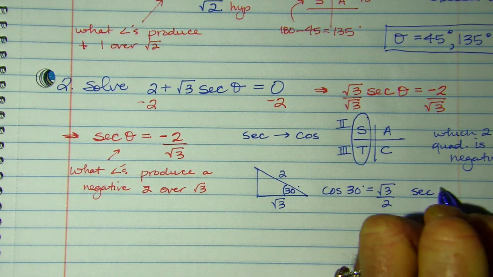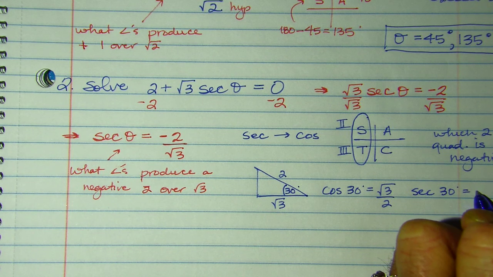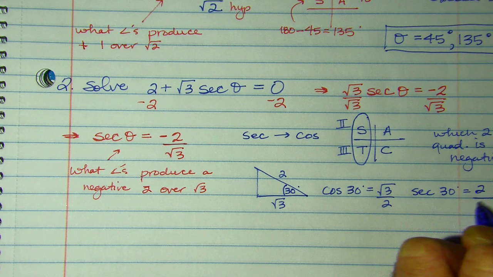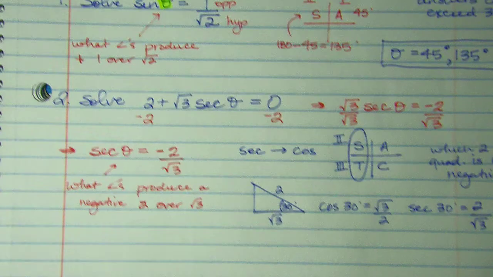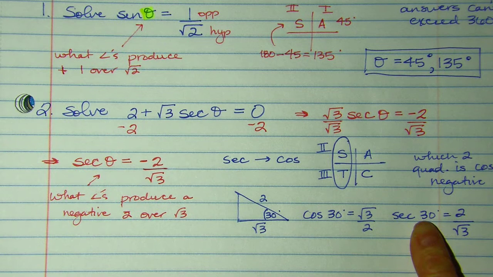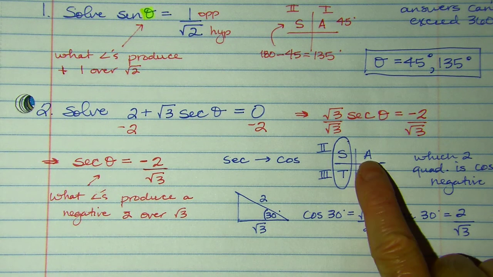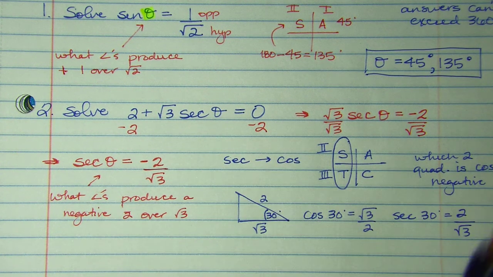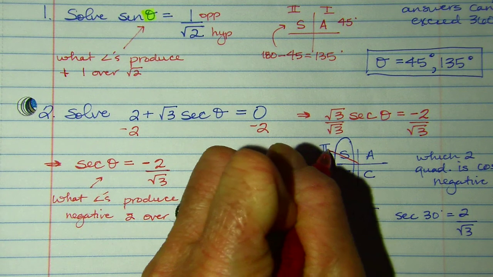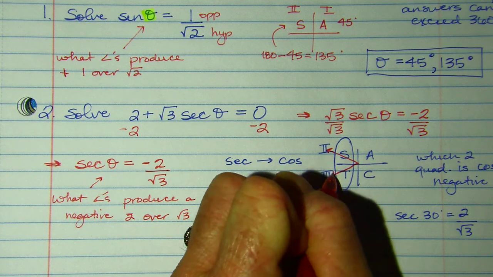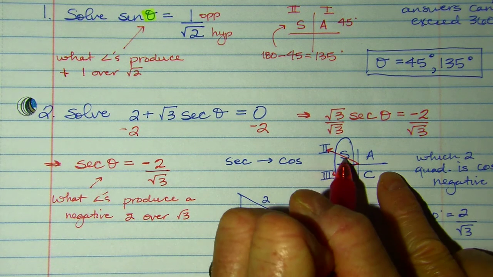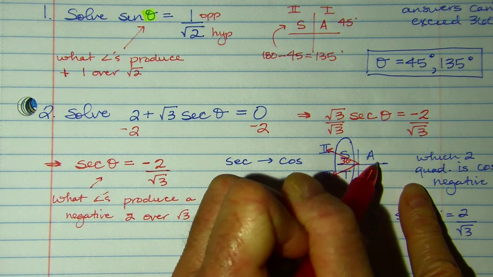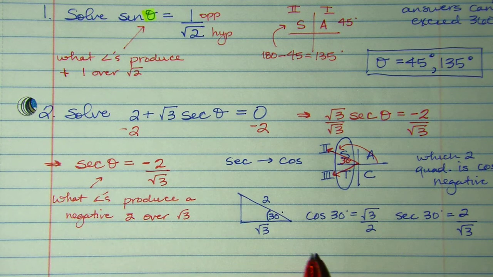So the secant of 30 degrees would be 2 over root 3. So I'm looking at 30 degrees and its related angle, but it can't be 30 degrees because 30 degrees is positive in quadrant 1. So it would be this angle here and this angle here. So if this is 30, then this right here is 150.